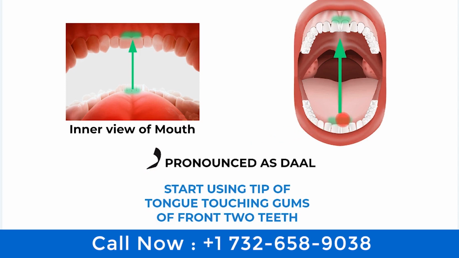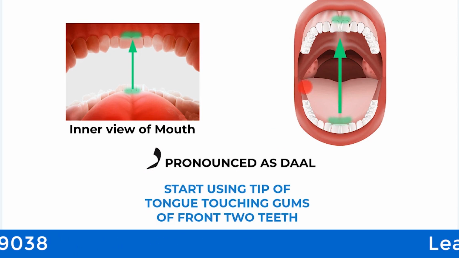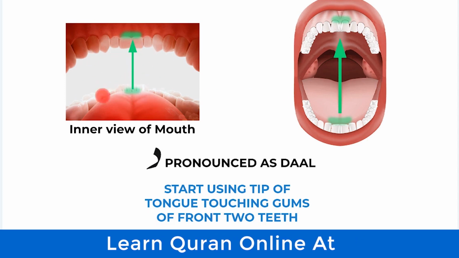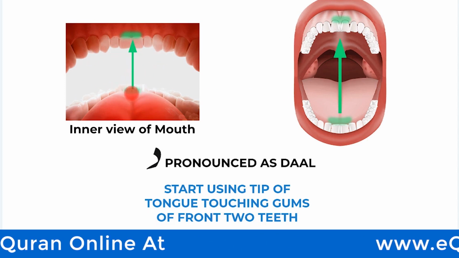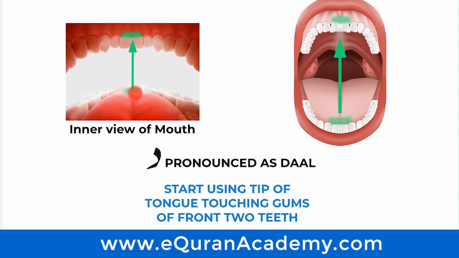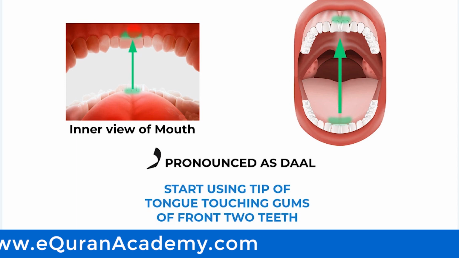This is tip of tongue. These are front teeth. Let me show you inner view of mouth. This is inner view of mouth over here in this image. This is tip of tongue. These are front teeth and these are gums of front teeth.